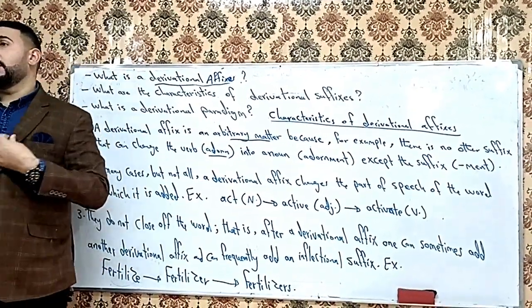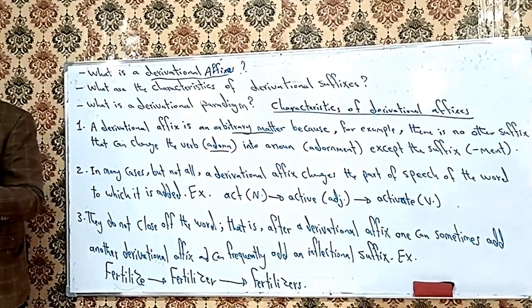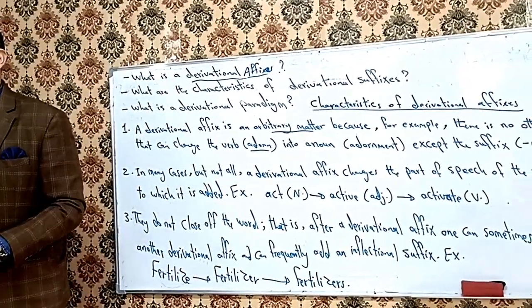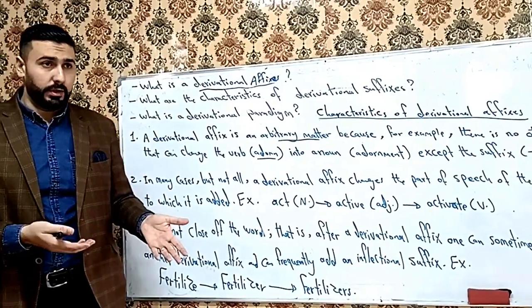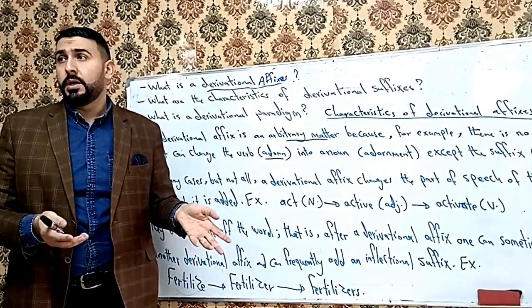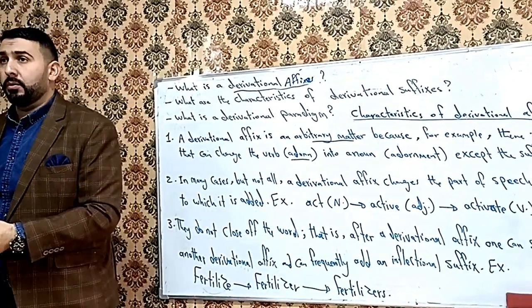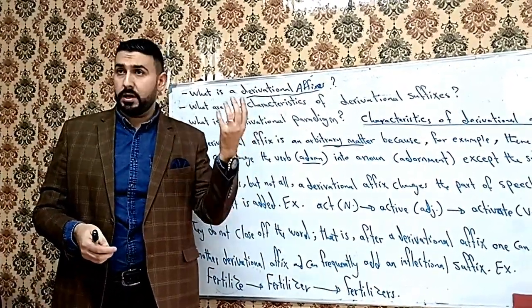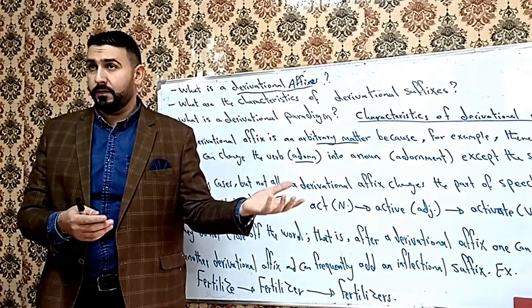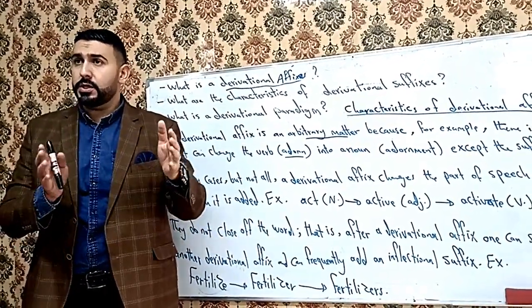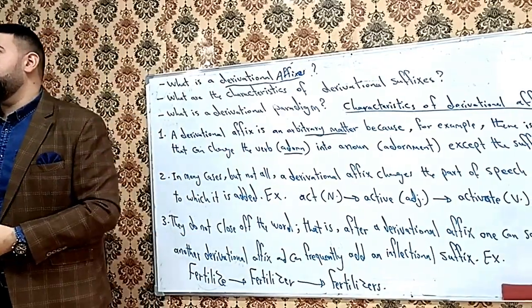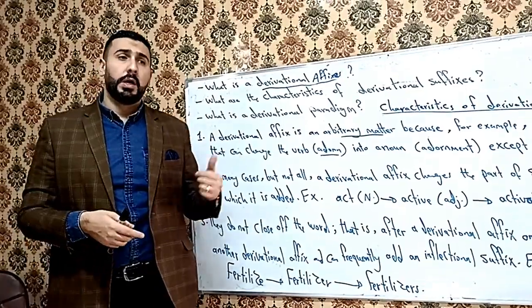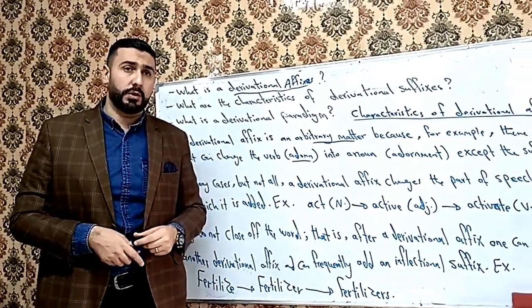If I ask you why it is an arbitrary matter, you say it is an arbitrary matter because, for example, the verb adorn cannot be changed into the noun adornment except by the addition of this suffixal derivational suffix. You see? Suffixal معناها النهائية. Okay? من دون إضافة الـment اللي هي هذه الإضافة الاشتقاقية ما ممكن أن نحول adorn into adornment.